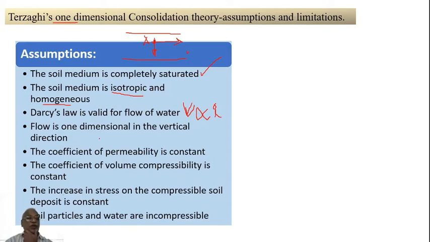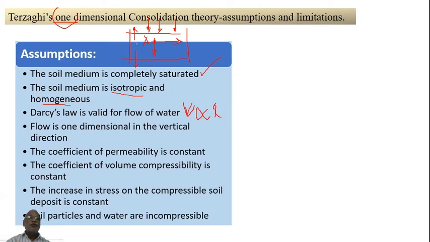Now flow is one dimensional in the vertical direction. This is what one dimensional means. Suppose this is the soil layer we are talking about, and we have to confine it within some boundary, and then you put a load, maybe a building load or any other load. When you put the load, whatever water is present inside the voids will have to go either upwards or downwards.